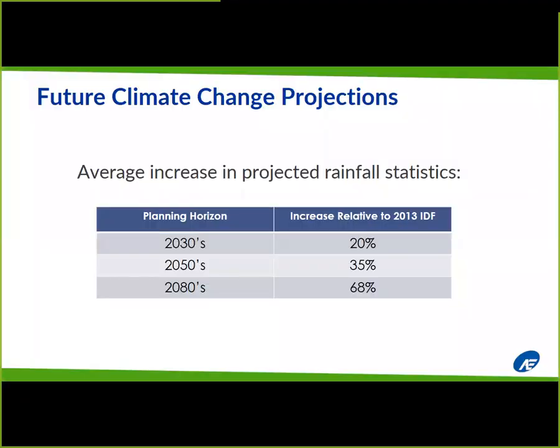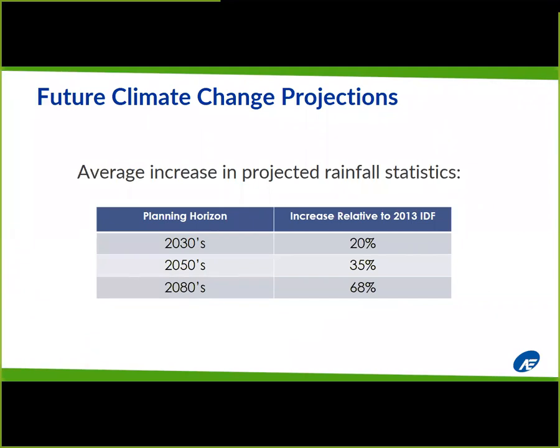Okay, so prior to our study, the City of Surrey did a fairly detailed climate change analysis specific to rainfall statistics. So they engaged a specialized consultant to look at global circulation models, as well as downscaled regional circulation models. Take the data and look at the potential changes to rainfall as a result of a few different climate emission scenarios.